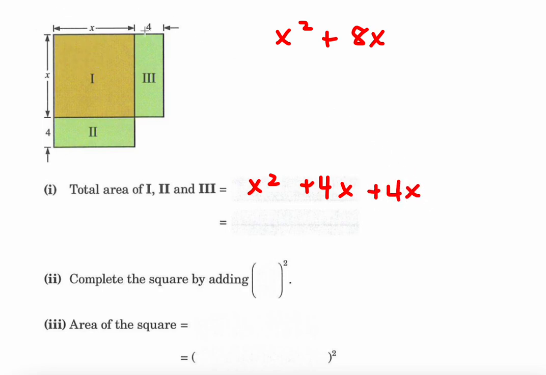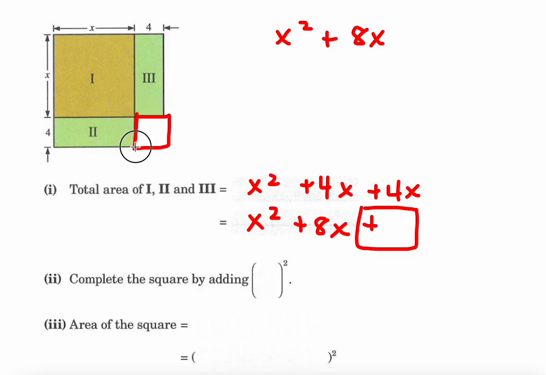X times x, x squared, 4 times x, 4x, 4 times another x is another 4x. So I just have x squared plus 8x. I need to add another term at the end, my c value, in order to complete this square.